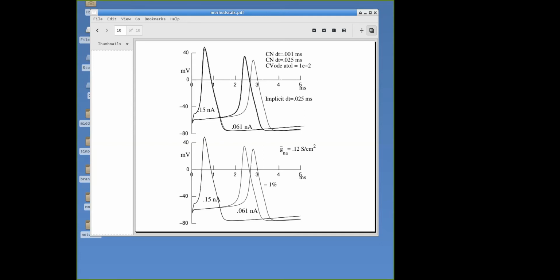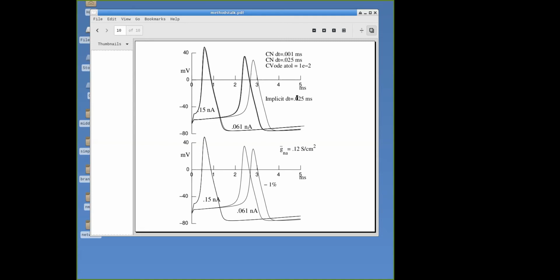We would definitely want to use one of these other methods to avoid this little problem here, because that could be quite destructive of a result in a spike timing dependent plasticity exploration or a coincidence detection setting.